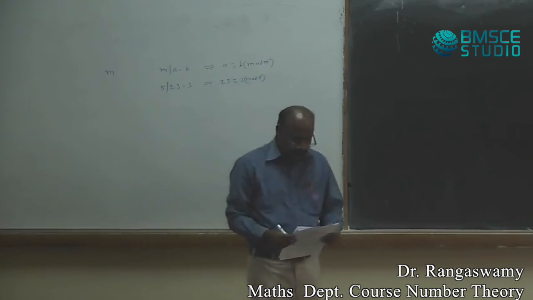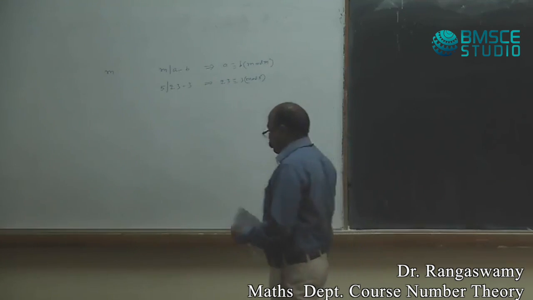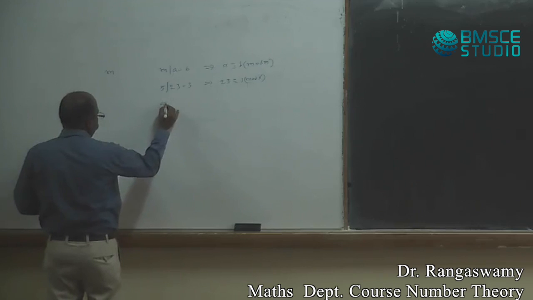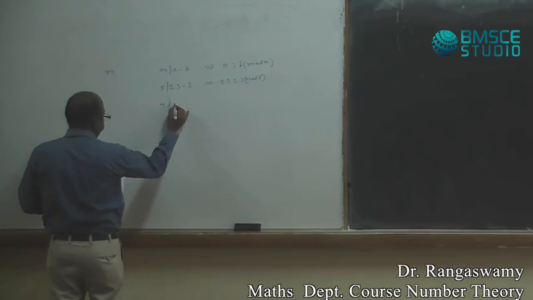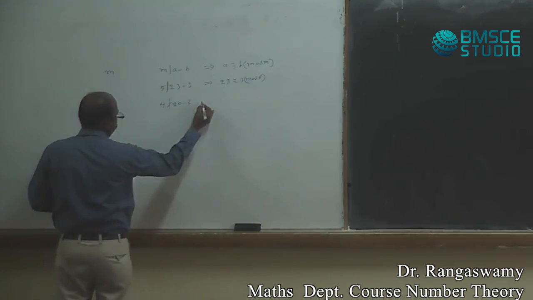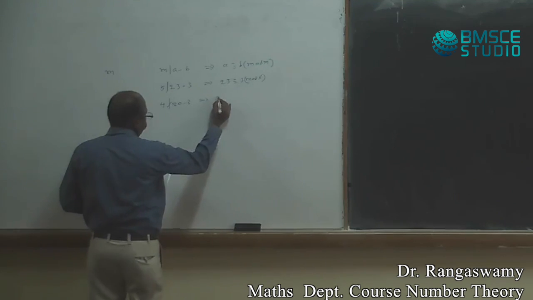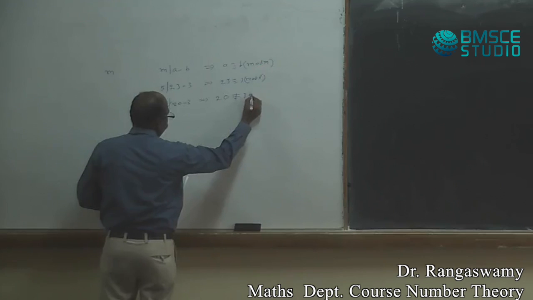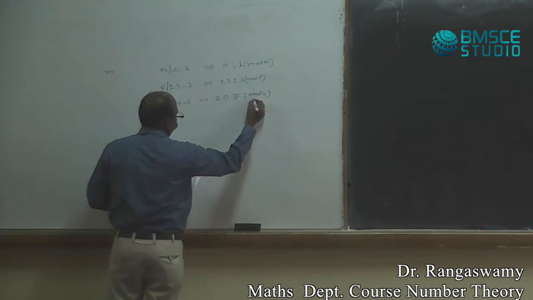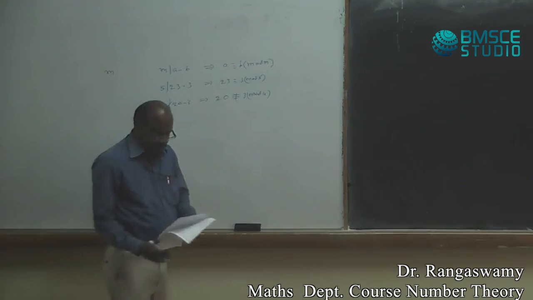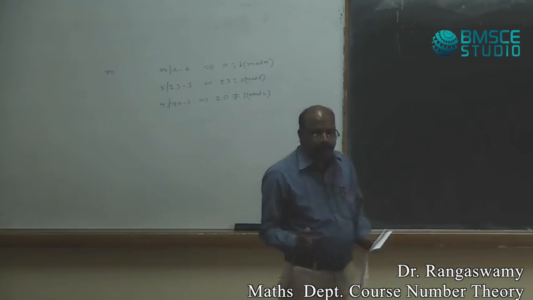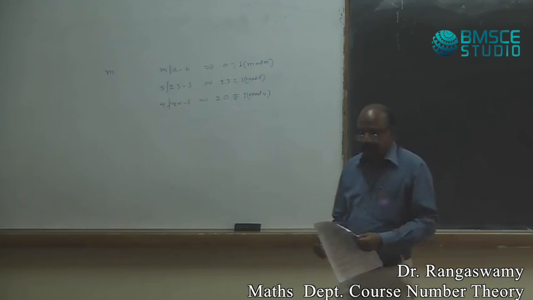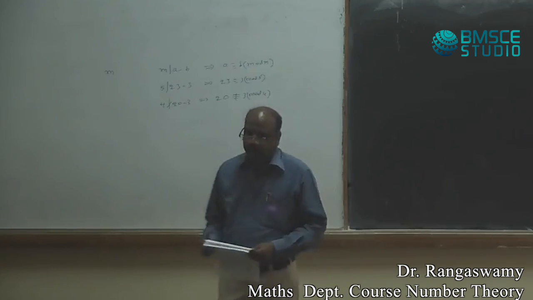Suppose 4 does not divide 20 minus 3. We can write 20 is not congruent to 3 mod 4. In congruence, we have some properties called reflexive property, symmetric property, and transitive property.